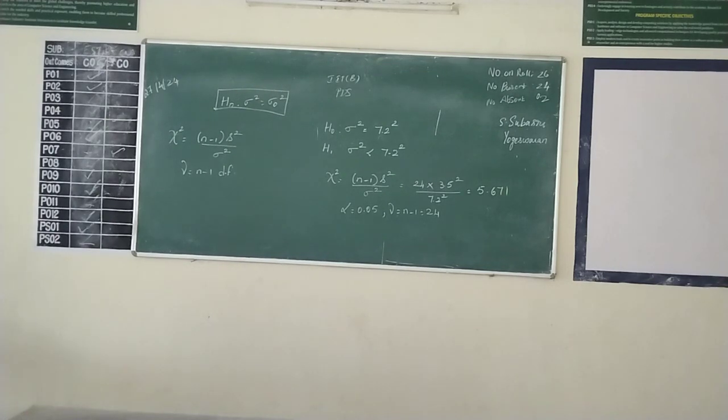Since modulus of calculated value is less than modulus of table value, accept H naught. So accept H naught means what is the conclusion, ma?